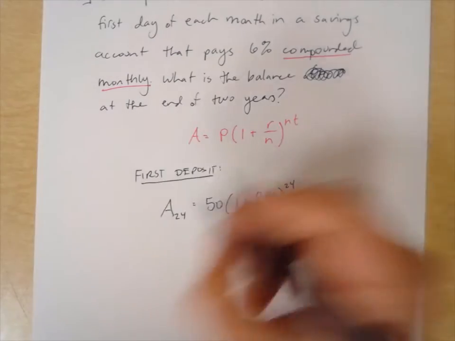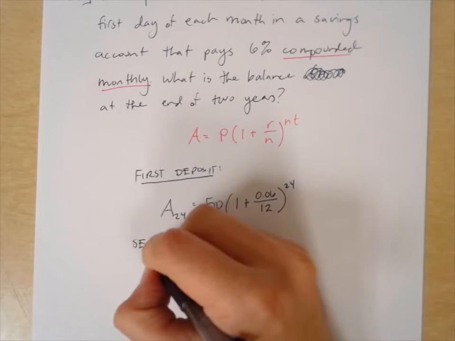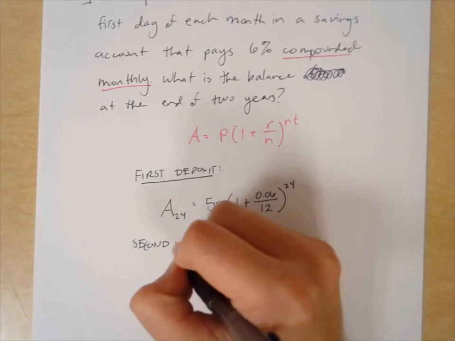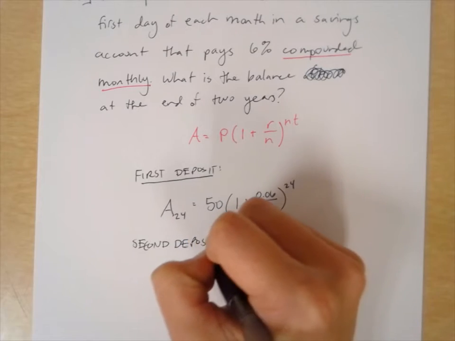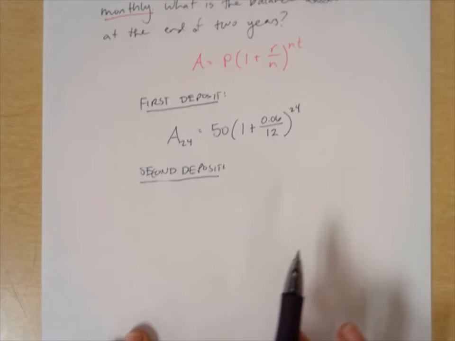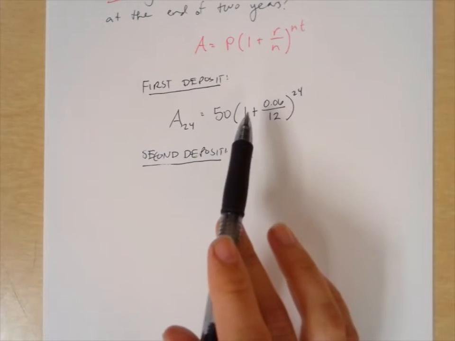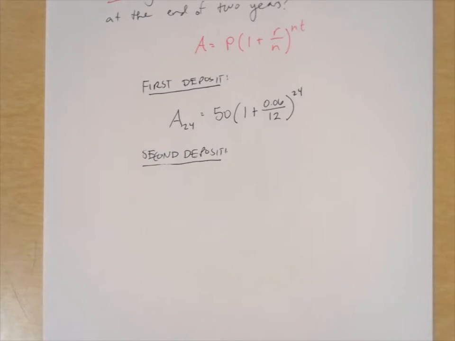Similarly, when we're talking about the second deposit, now we're no longer talking about 24 months. That's come and that's gone. That was our first deposit for the first month, and now that month is gone forever. Now we only have 23 months left.